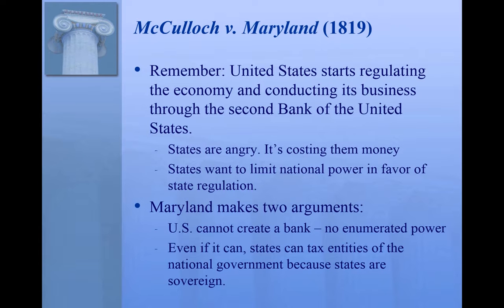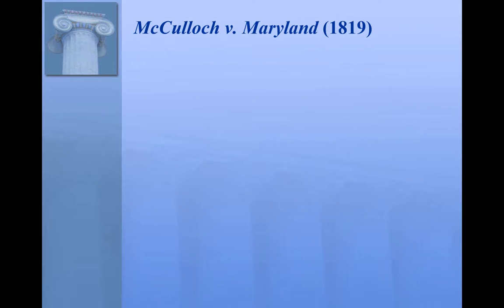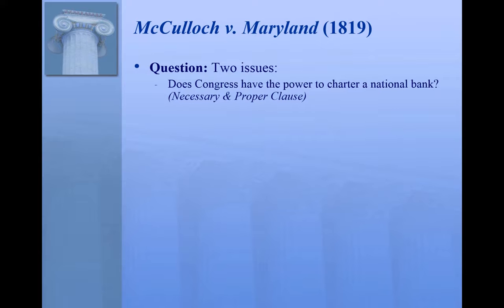Now, as I noted earlier, Chief Justice Marshall writes the opinion in this case, and he addresses these two issues and links them to specific clauses in the United States Constitution. The first issue, of course, is does Congress have the power to charter a national bank? And he links this to an interpretation of the necessary and proper clause.